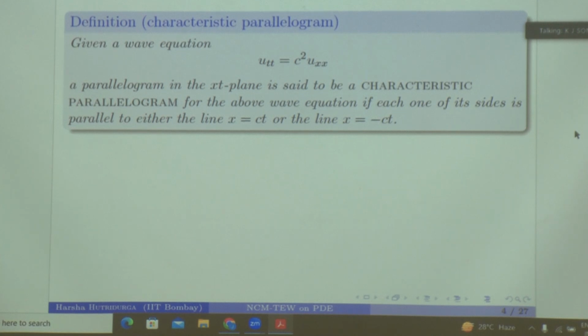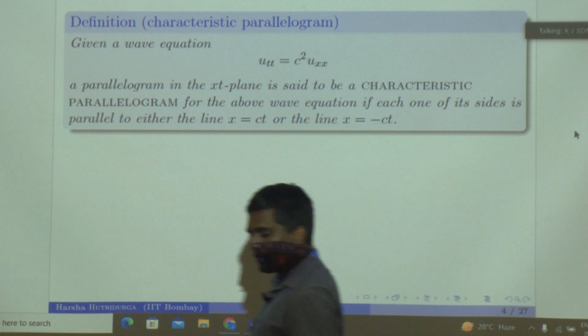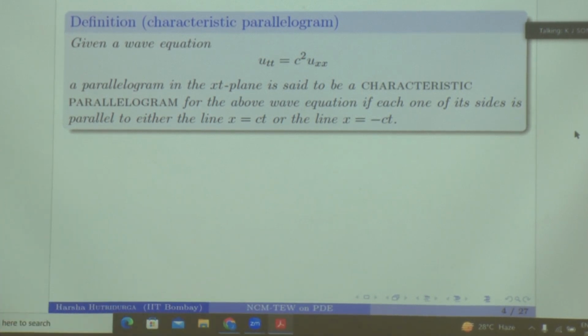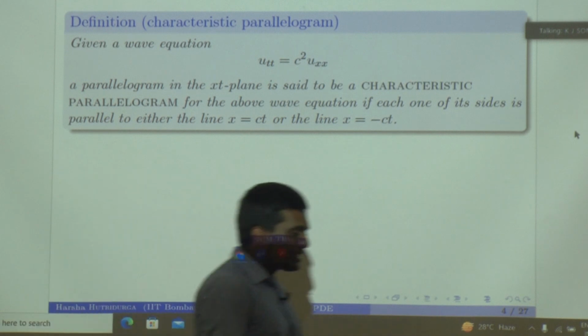The only stipulation is that you have 2 sides parallel to x is equal to ct, and the other 2 sides parallel to x is equal to minus ct. If you have a parallelogram in the xt plane which satisfies that, you call it a characteristic parallelogram.